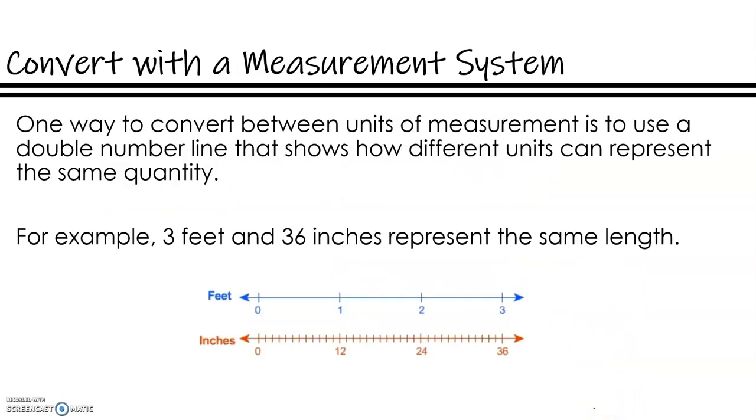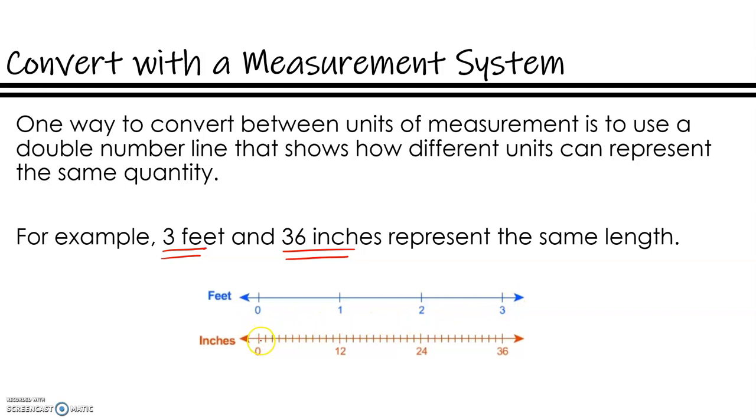So when we are converting with a measurement system, one way to do this is to use what's called a double number line. So this is a visual representation, okay? And it's showing you visually how different units can represent the same amount of space or the same quantity. So for example, you can see that 3 feet and 36 inches are the same length.